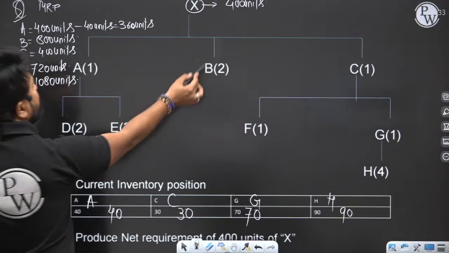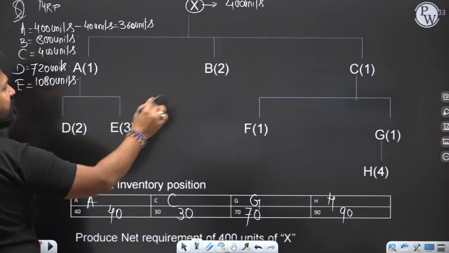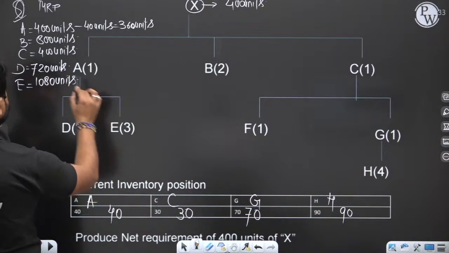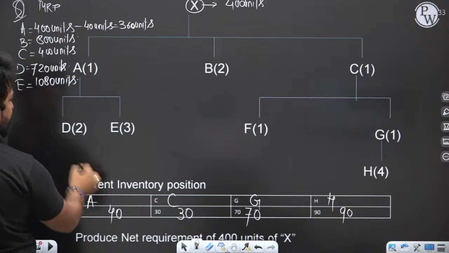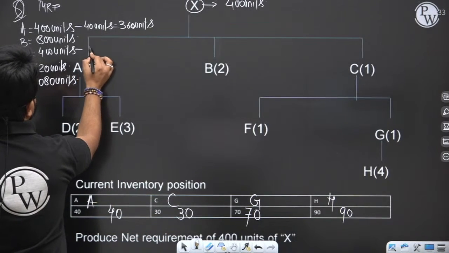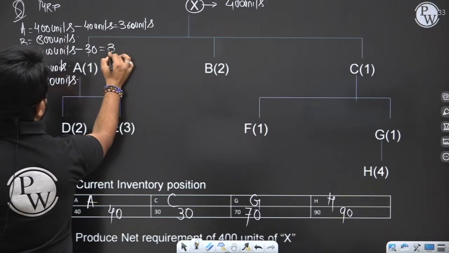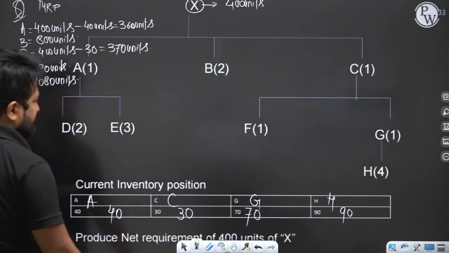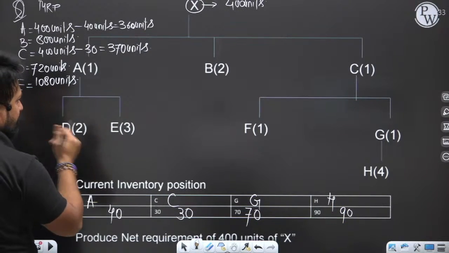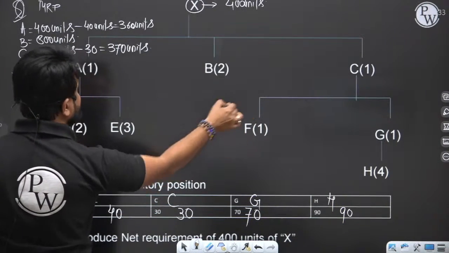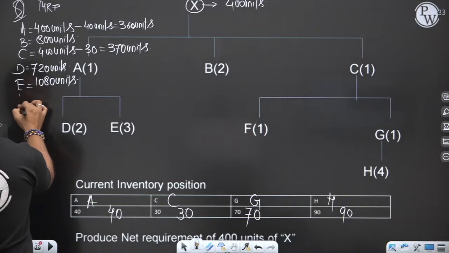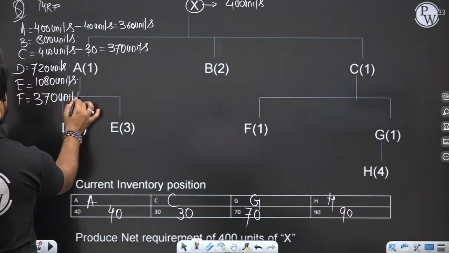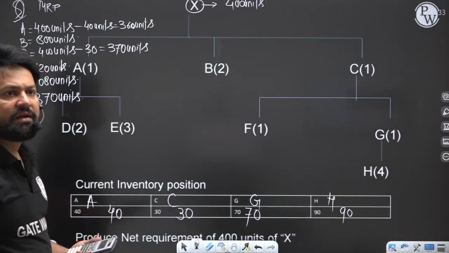Now B is twice of X, 800. C requirement is 400, but in the inventory 30 is there, so minus 30, so 370 units of C. Now F, 1:1, so requirement of F is also 370 units.